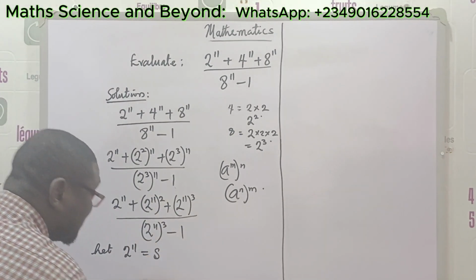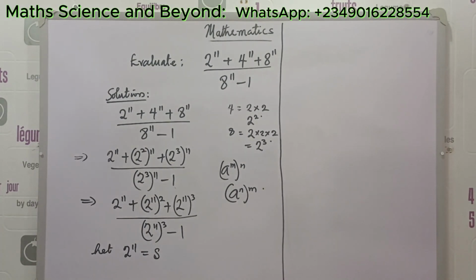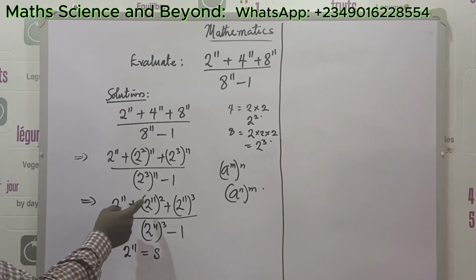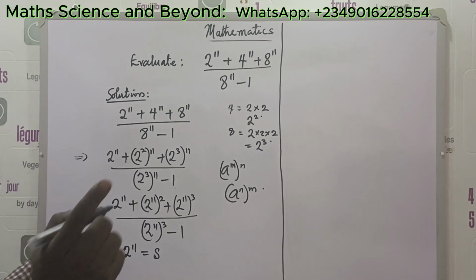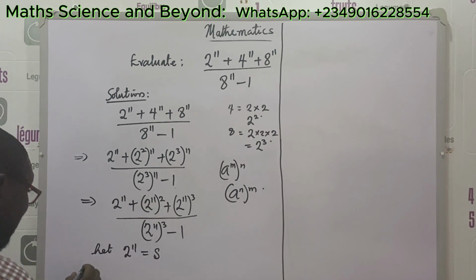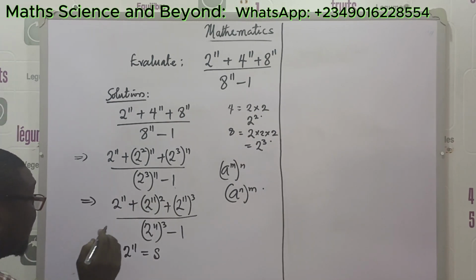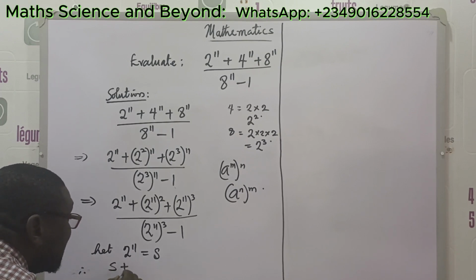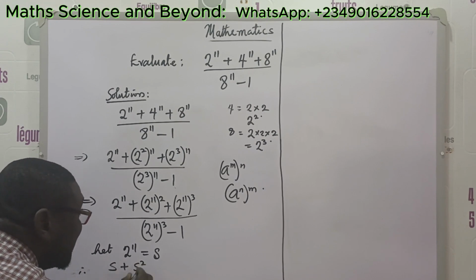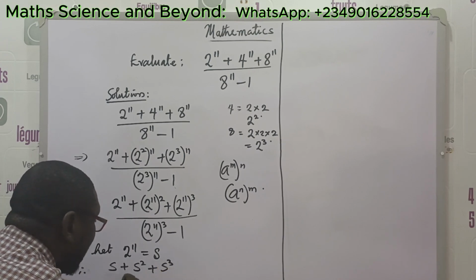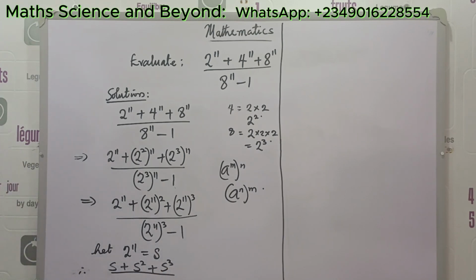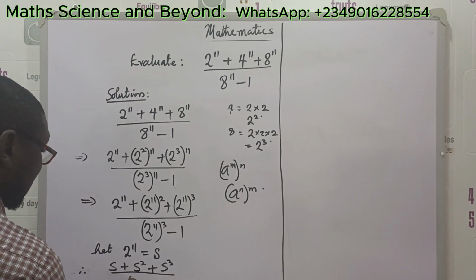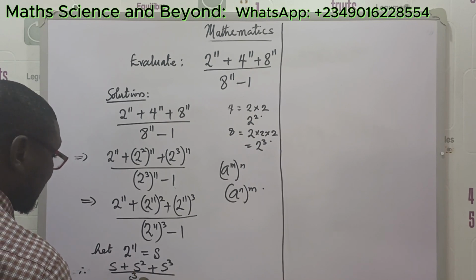Let's assume we are using letter S. So anywhere we see 2 raised to power 11, we are going to substitute S. Therefore, the problem becomes S plus S squared plus S raised to power 3, all over S raised to power 3 minus 1.